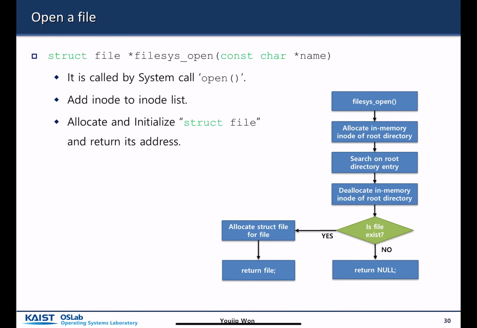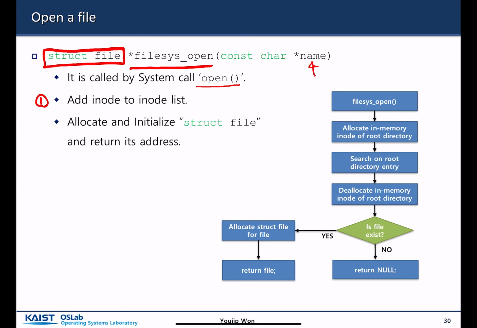The next function we're going to cover is opening a file. It's called filesys_open, and it gets the name. So it's opening a file in the file system, and it returns a pointer to the struct file. filesys_open is called by the system call open, and it does two things.